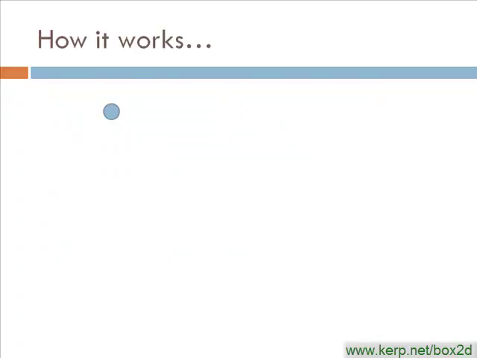Let's say we've got a ball, and this ball has a certain velocity. Over some particular interval of time, maybe 1 second, maybe 1/30th of a second, our ball is going to move a small interval, and that interval will depend on its velocity. Now, if we are in a world where there is acceleration, for example due to gravity, we're going to take that velocity, add a little bit of the acceleration due to gravity, and we will end up with the new velocity that this ball is going to travel during our next time interval.